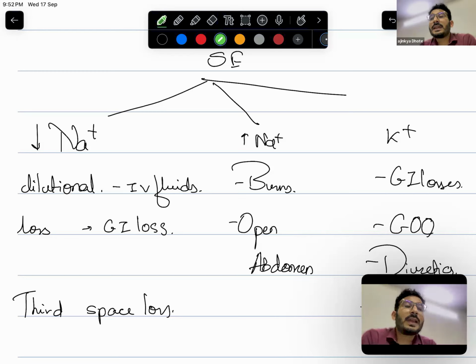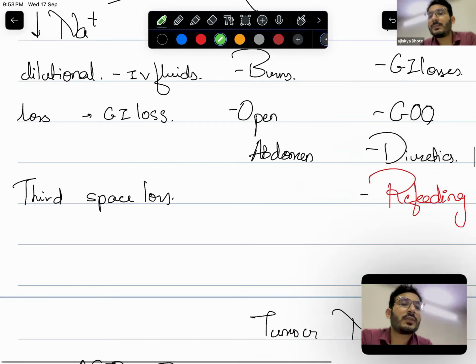Increased sodium, hypernatremia, is an interesting thing, but the surgical cause that is usually seen is burns, because there's dehydration. Free water loss is more because the skin cover is lost in these cases. The second most usual cause is an open abdomen, usually a laparostomy. What is a laparostomy?